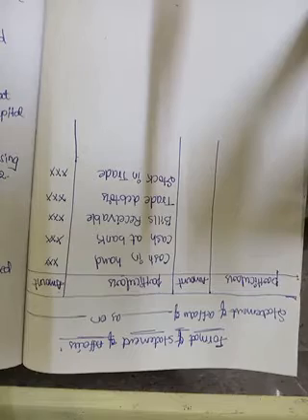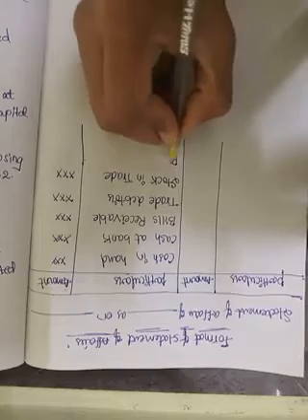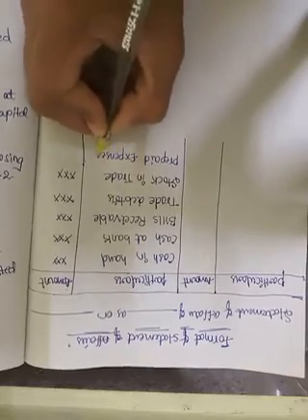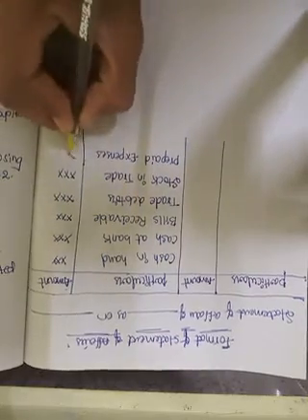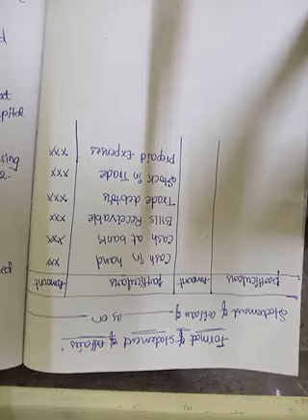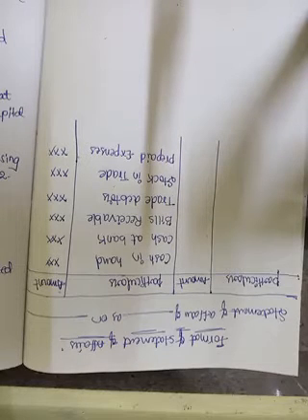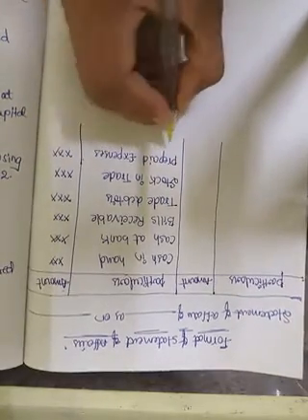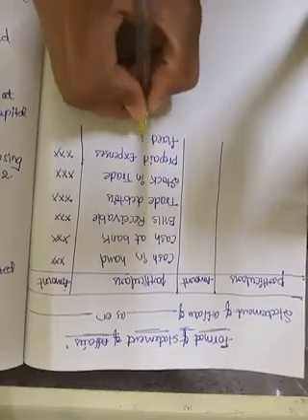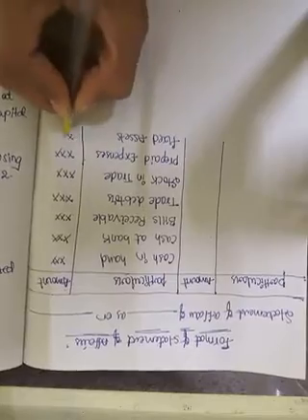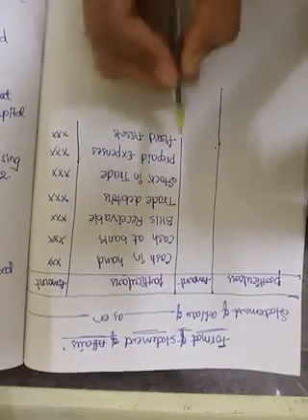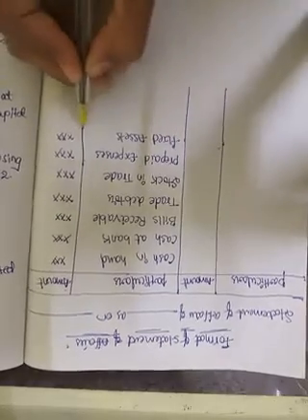The next is prepaid expenses. The next is fixed assets. Okay, these are the assets.